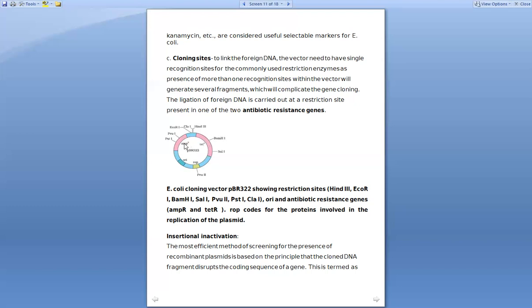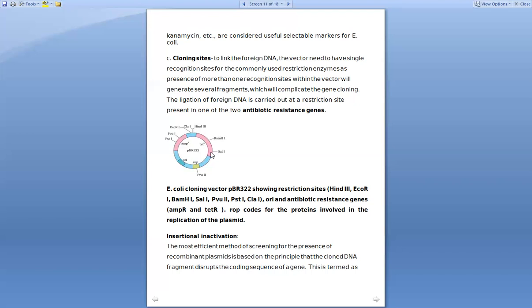So when the particular gene of interest is to be incorporated, first the restriction enzyme cuts at these sites. See here, BamHI, SalI, PstI, PvuI. These are the recognition sites, and at these recognition sites the restriction enzymes bind.